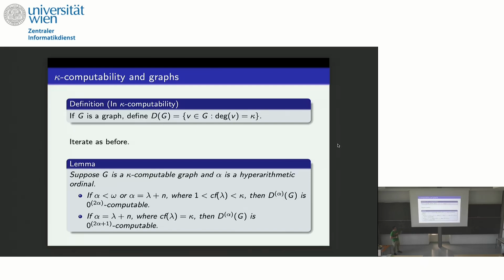Again, computing the derivative is as we saw before. There's an extra +1 that shows up when the last limit ordinal was long, when it had cofinality kappa. And when the last limit ordinal was small, or if it's finite, so there is no last limit ordinal, then you don't get this extra +1.